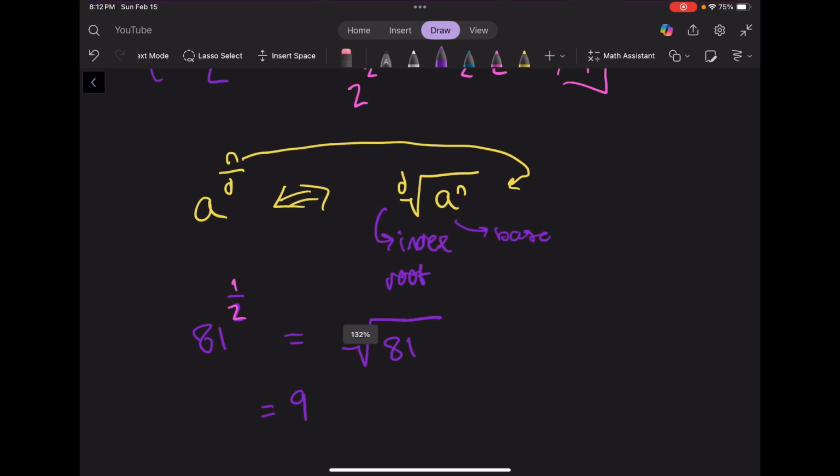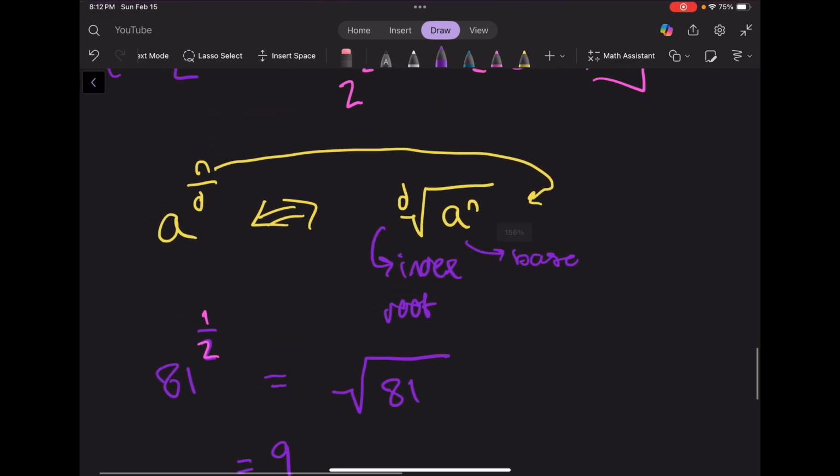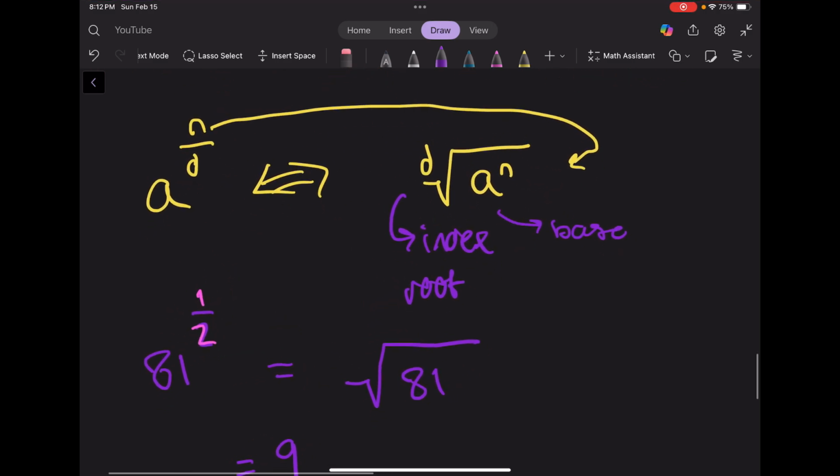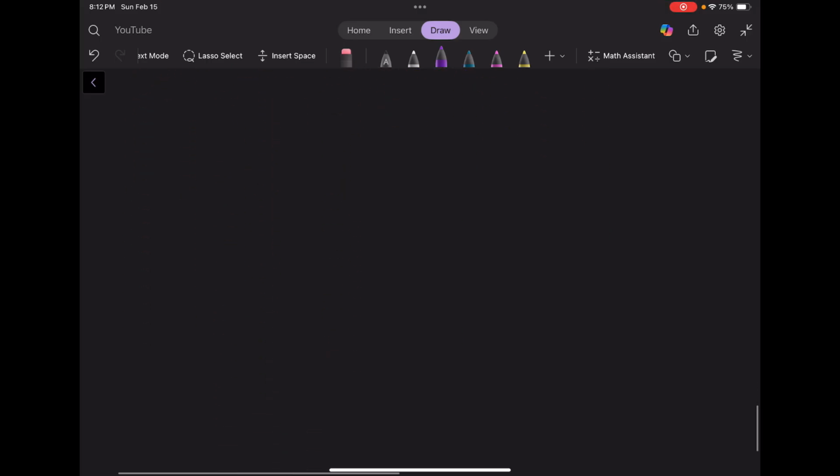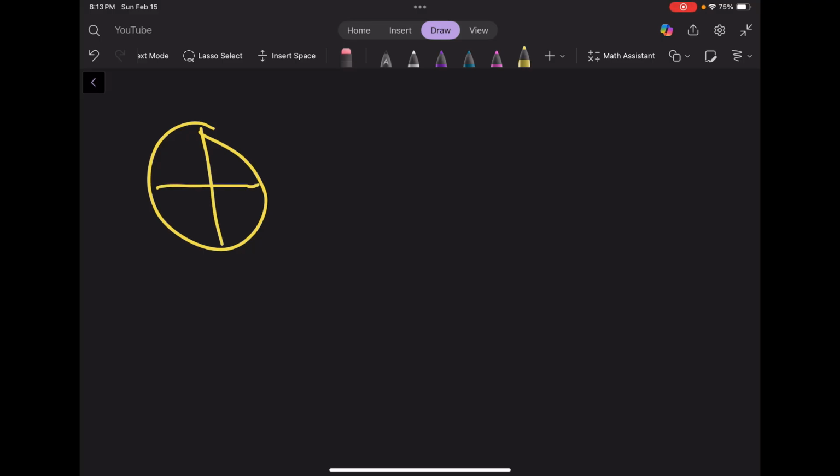And oftentimes I hear people say that they're confused between rational exponents and radical notation. So this is how I like to think of it. When I have a piece of a pie and I divide it up into 4 pieces, I give rations of that pie to people.